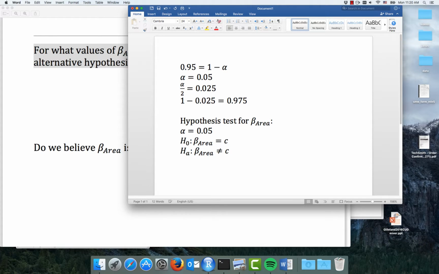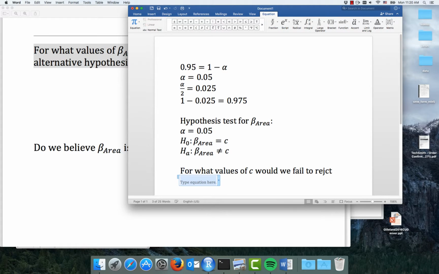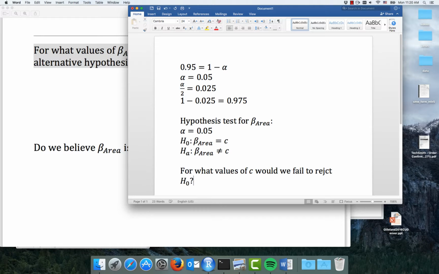And so another way of saying this question is, for what values of C would we fail to reject the null hypothesis? Okay, so that's my question.